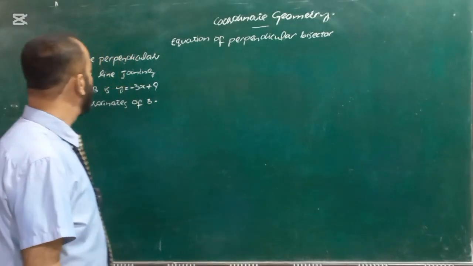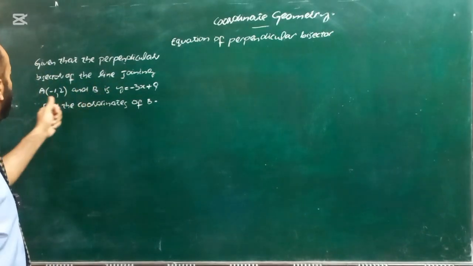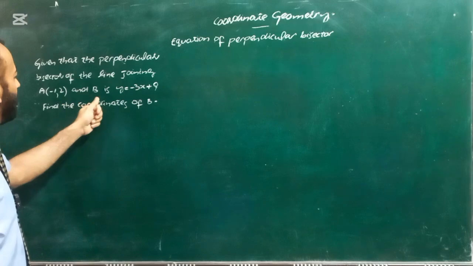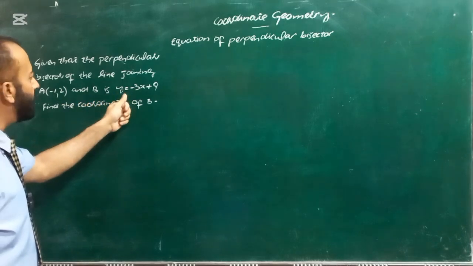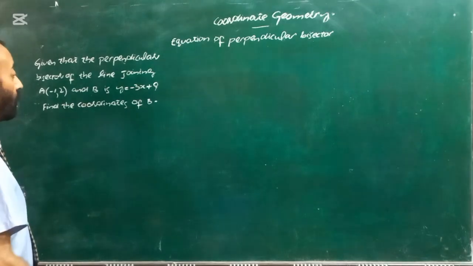Here is another question. The statement of the question is: given that the perpendicular bisector of the line joining A (minus 1, 2) and B is y is equal to minus 3x plus 9, find the coordinates of B. Okay.